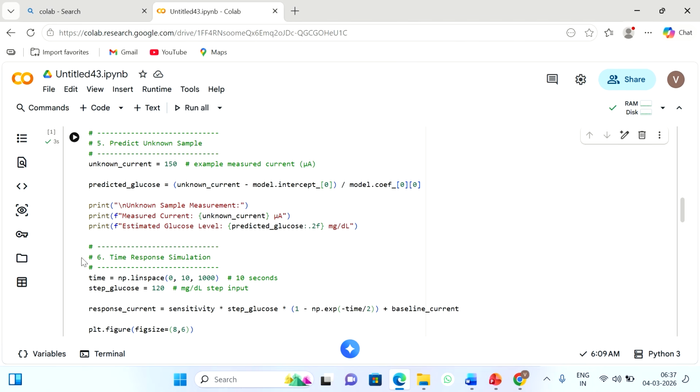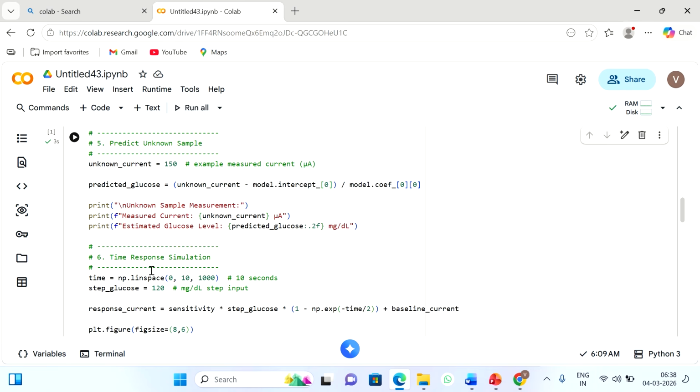And finally, what are the equations we are using in this concept? The static model: the current I is equal to S C plus I naught plus noise.